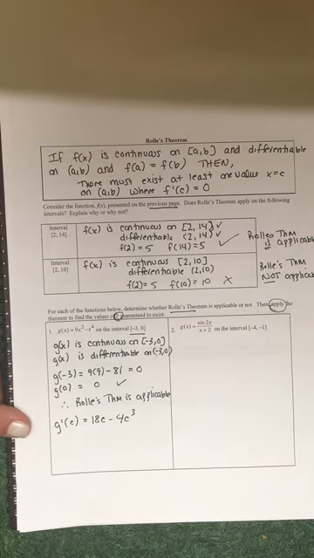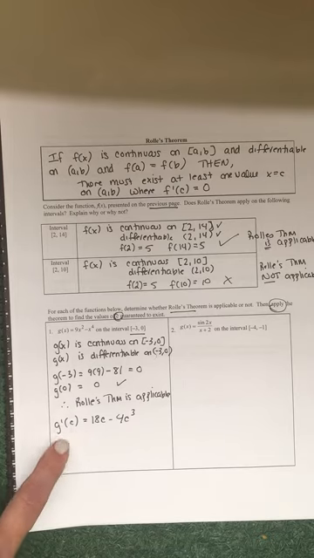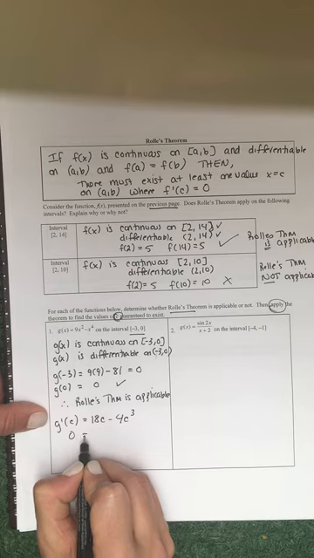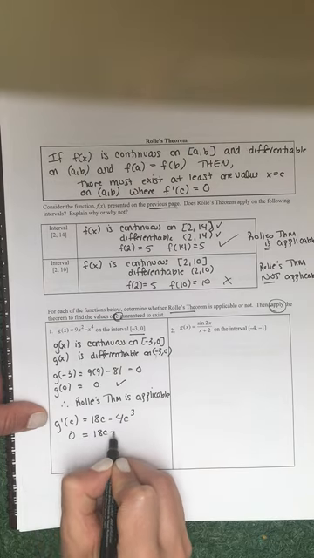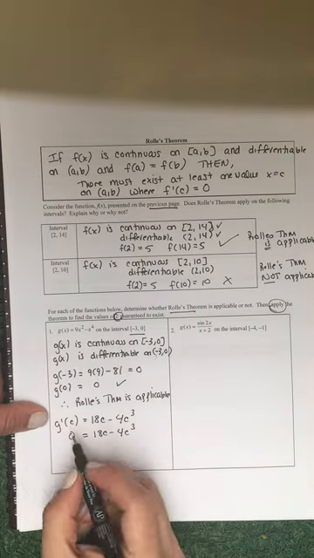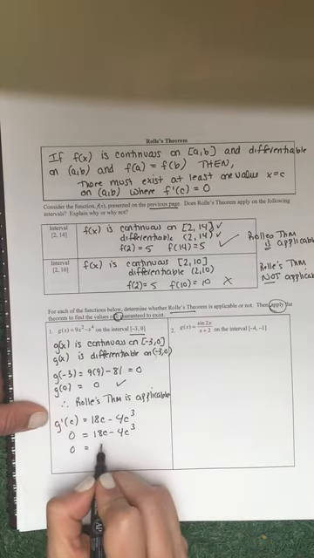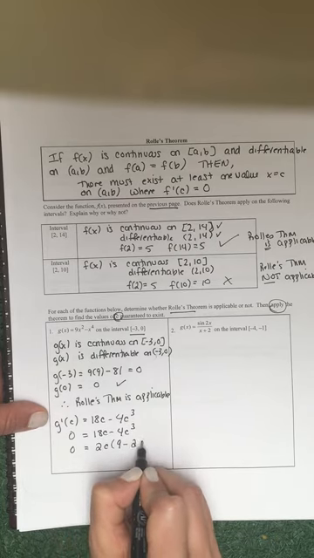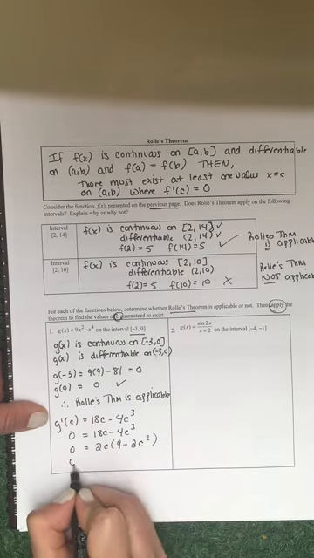And Rolle's theorem says that there's some value for c where the derivative is equal to 0. So we're looking for when it's equal to 0. 0 is equal to 18c minus 4c cubed. And we can go ahead and factor and solve. So we can factor out a 2c, and we're left with 9 minus 2c squared.